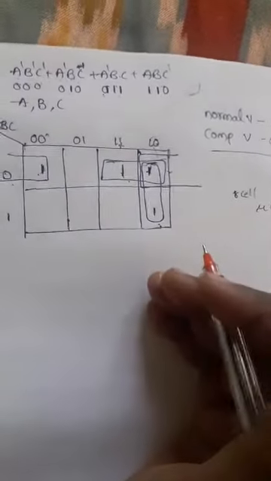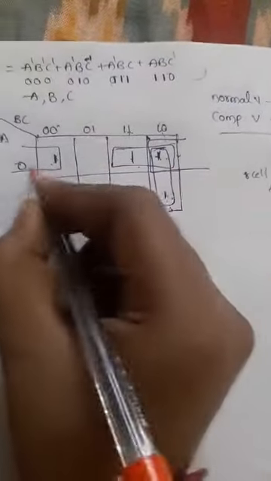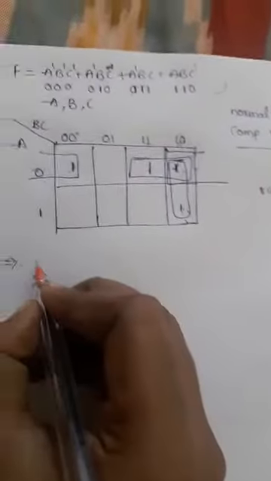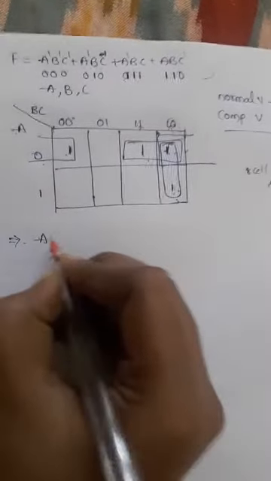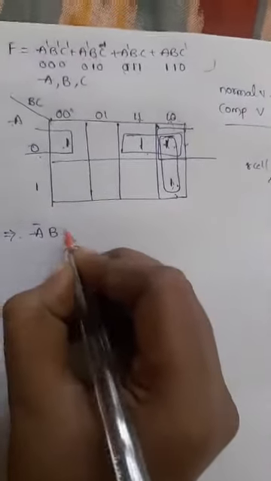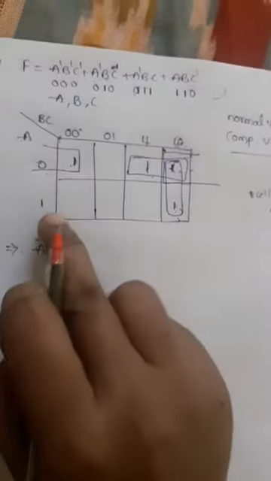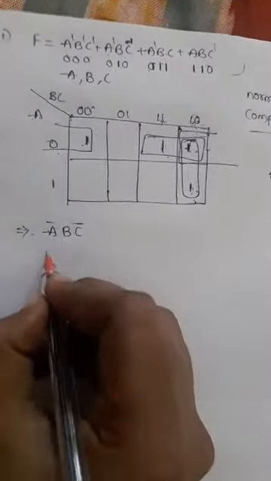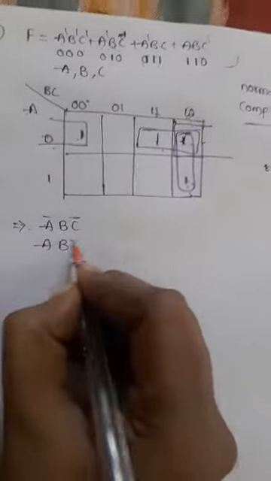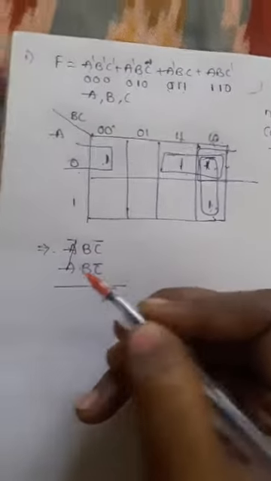Now finding the prime implicants for that grouping. First I take this group. This is 0 1 0, that is A complement, B normal and C complement. The next one is 1 1 0, so A, B and C complement. Any variable that changes, you can cancel, that means neglect it.